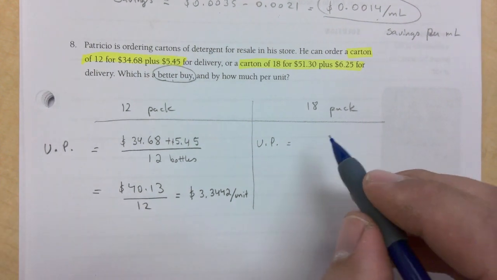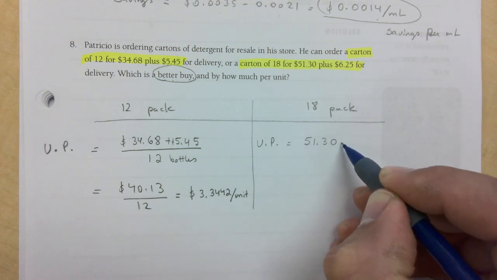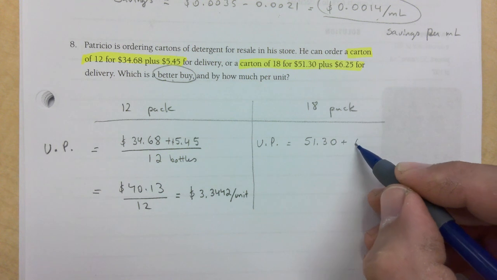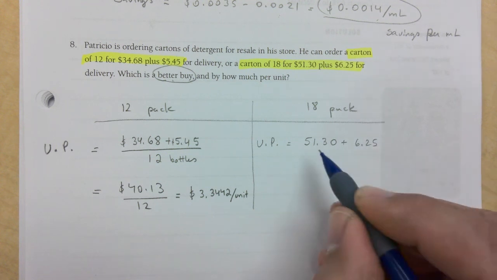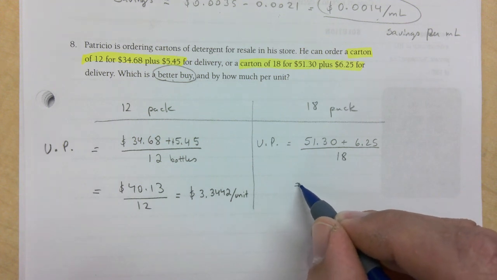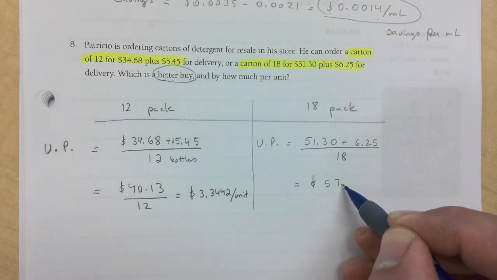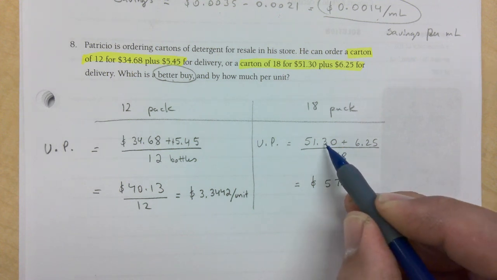Now for the 18 pack, right? The cost is $51.30 plus the $6.25 in shipping charges, and the quantity here is 18. So that would give you $57.55 if you add these two up.